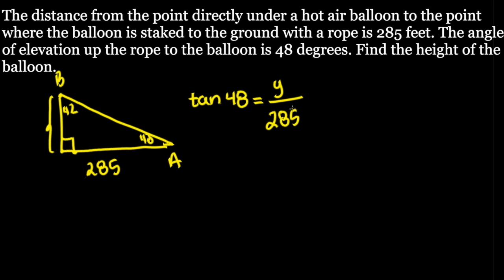We isolate y and find that the tangent of 48 times 285 equals 316.5. We can round this up, so our answer is 317. So our length of y, which is the height of the balloon, is about 317 feet.